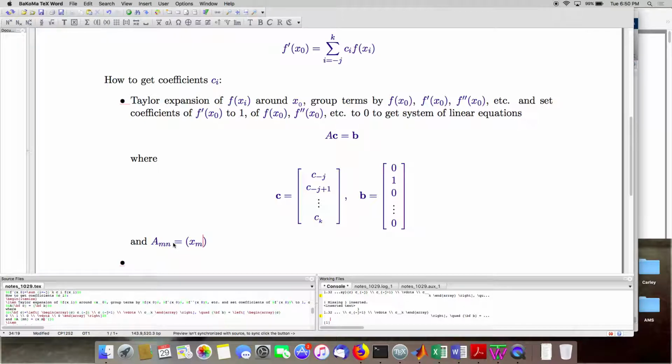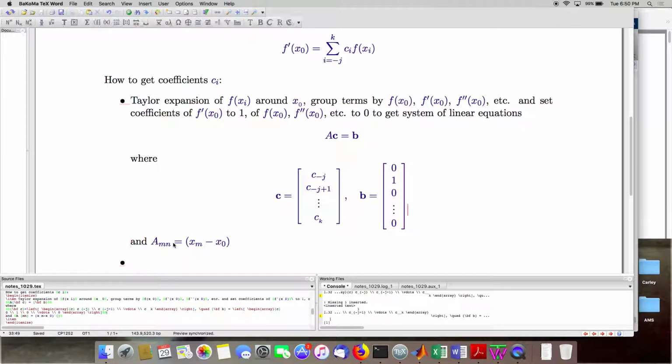Okay, so x_m minus x naught. I have to fix this a little bit. I'm going to fill these in a bit at a time. No, it's x_n minus x naught. Don't write anything down yet. This is an expression in progress.